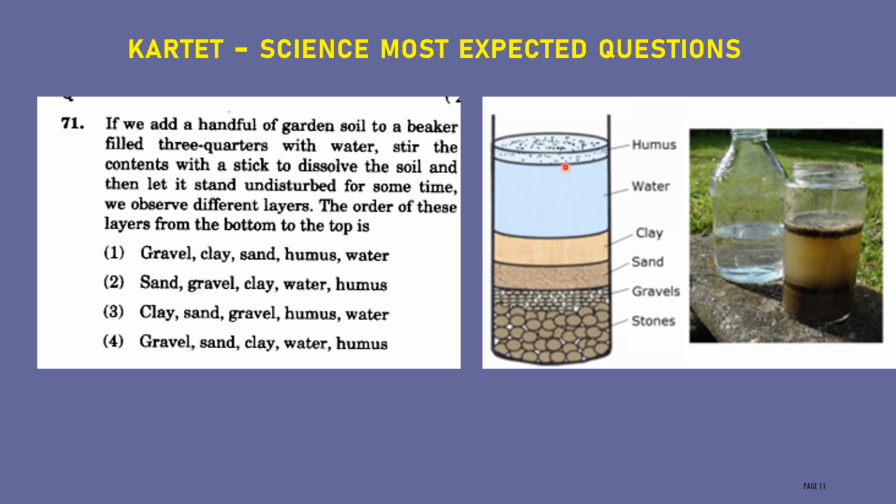Humus has less density, therefore it will float on the upper layer of the water. The order is: first stone, then gravel, third sand, fourth clay, then water, then humus. The correct answer for this question is gravel, sand, clay, water, and humus.